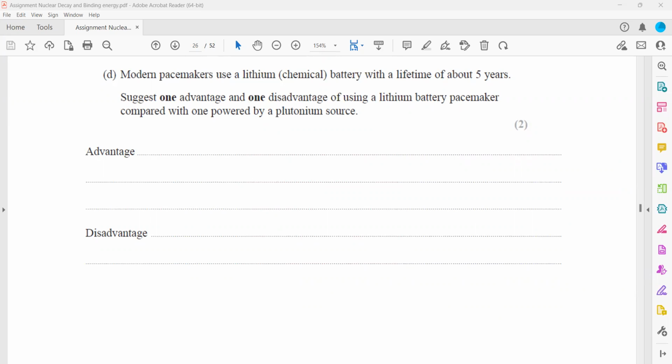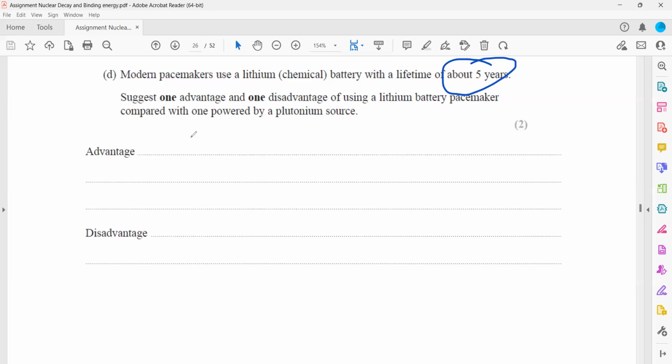But the disadvantage is that these batteries only work for 5 years, while the plutonium works for 30 years. So the lifespan is short, which means they must be replaced. The lithium batteries do not last for a very long time compared to plutonium, so they must be replaced more often, requiring surgery every time.